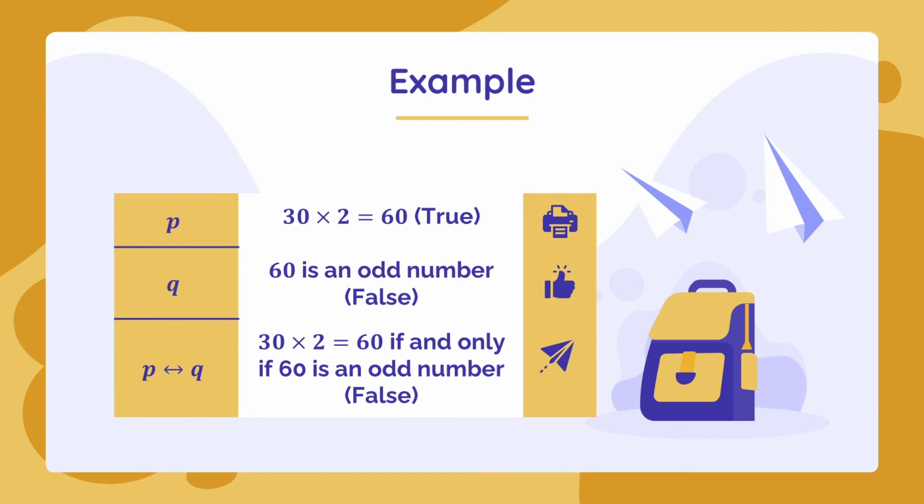Q: 60 is an odd number, statement is false. Then the biimplication of P and Q: 30 multiplied by 2 equals 60 if and only if 60 is an odd number. Statement is false.